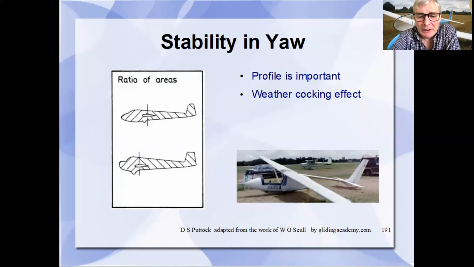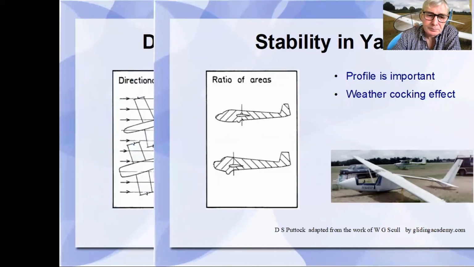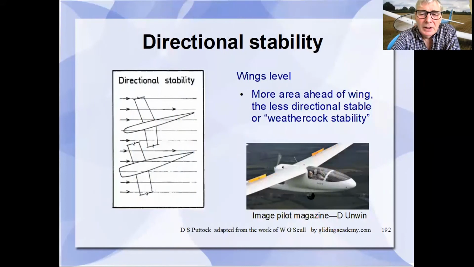You can see the picture of a modern glider, a rather strange shape, one we're not used to. You can see quite a large area in front of the wing, a very small profile on the fuselage, and a relatively small fin. If we just for a minute consider the wings level situation, so we're flying along wings level, and look at the diagram on the left, you can see that two things are going on.